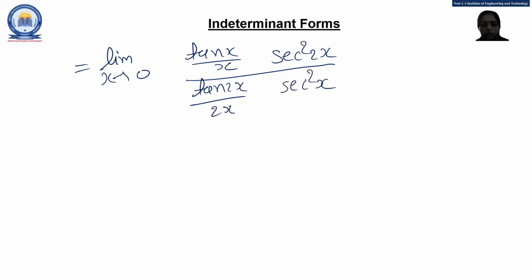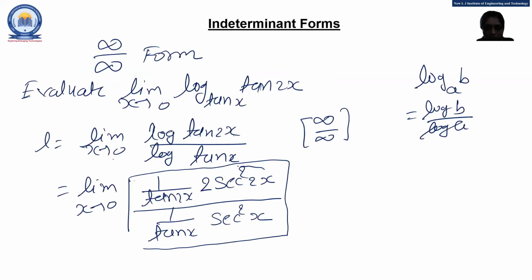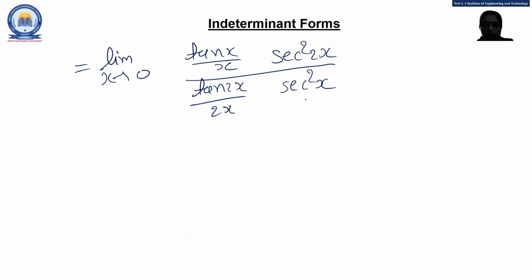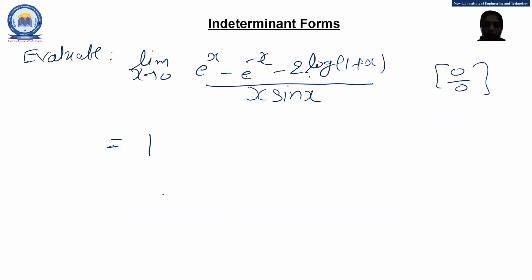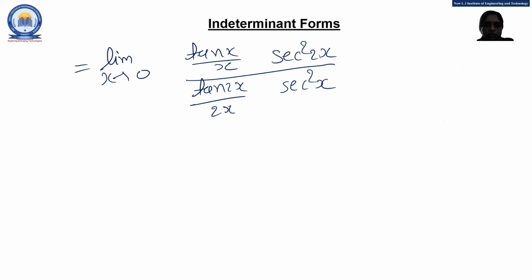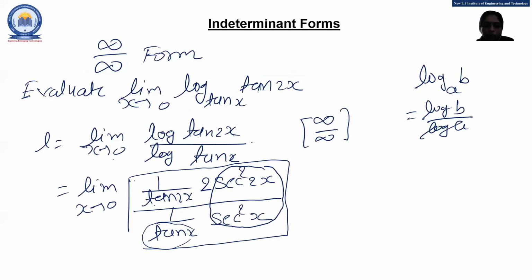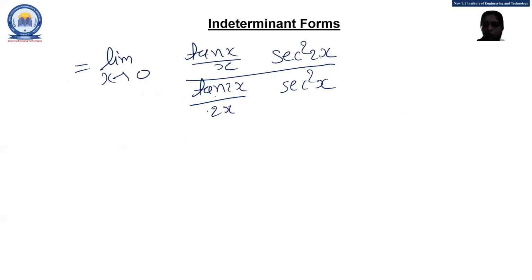Okay, see, here I keep this term sec square 2x upon sec square x as it is. But the tan 2x I have written in the denominator, and this tan x, which was in the denominator, I put in the numerator, right? So this is tan x, this is tan 2x, and this 2 in the numerator I keep in the denominator form by multiplying and dividing by x.